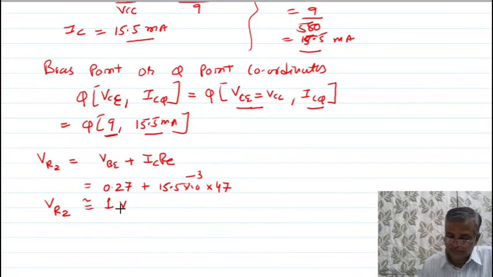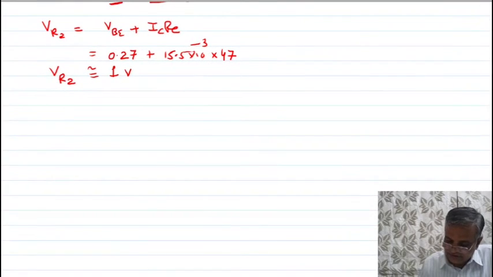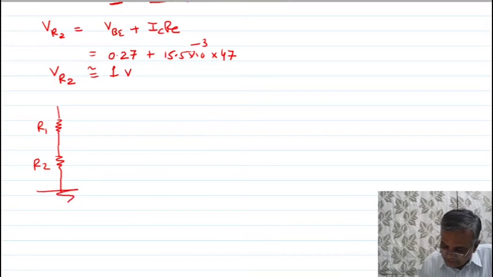Now let us see this circuit in this way. This is R1, this is your R2, this is your ground, this is your VCC you have given, you can see in the circuit. This is your VR2.